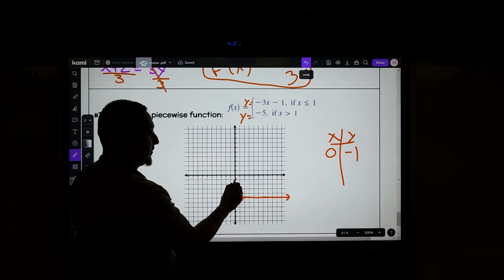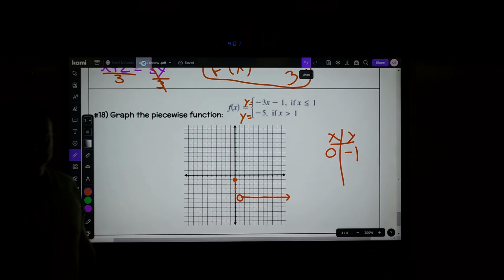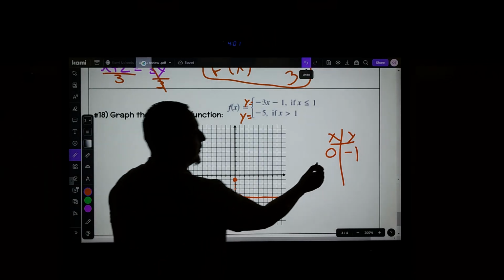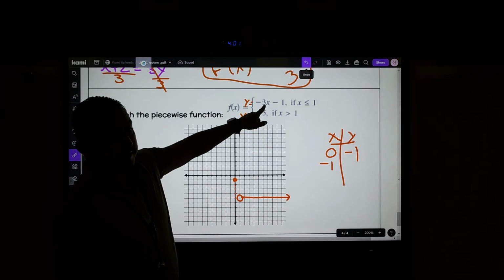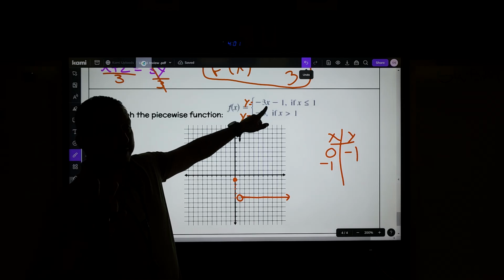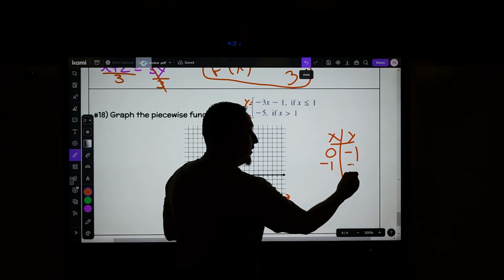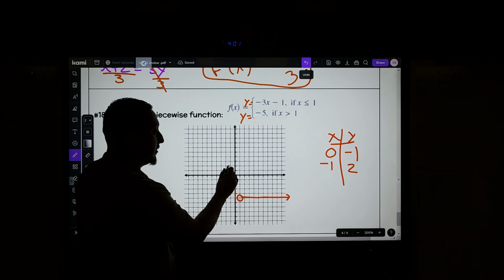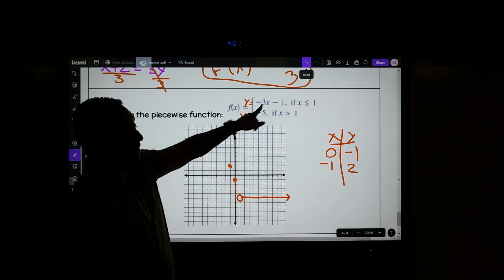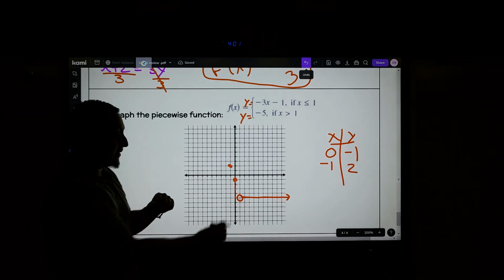There's your first dot. Then we plug in -1. -1 times -3 is 3. 3 minus 1, 2. -1, 2. That's a straight line, by the way. So if you have 2 points.